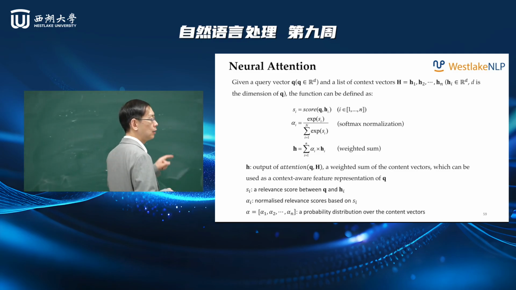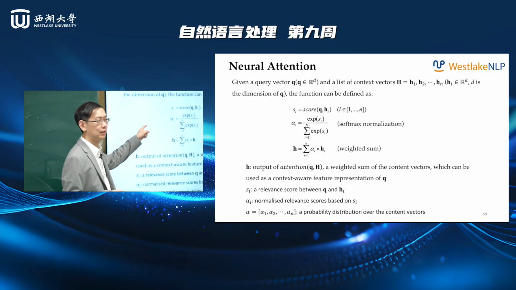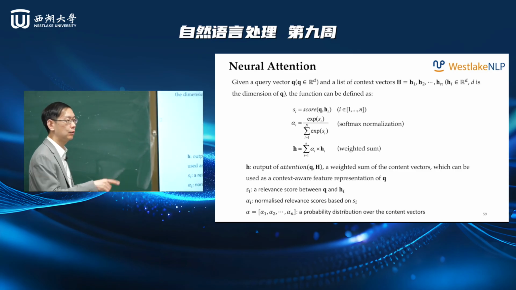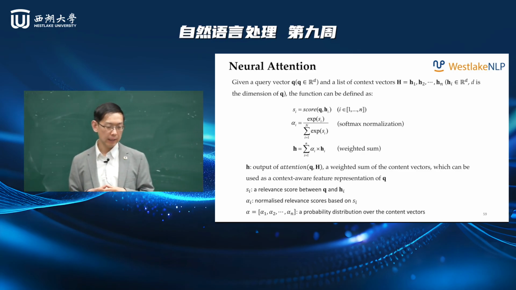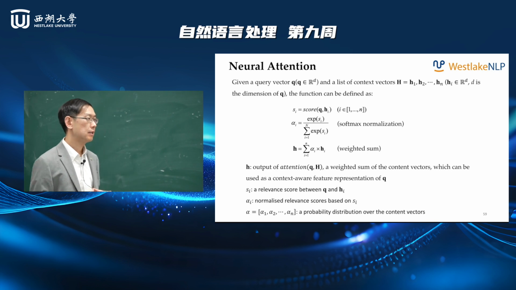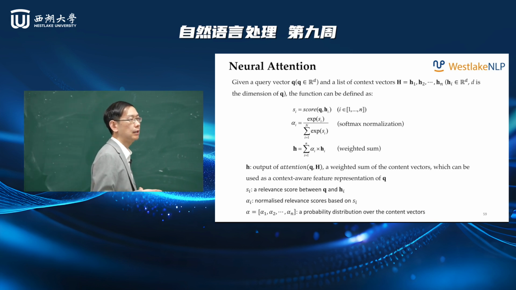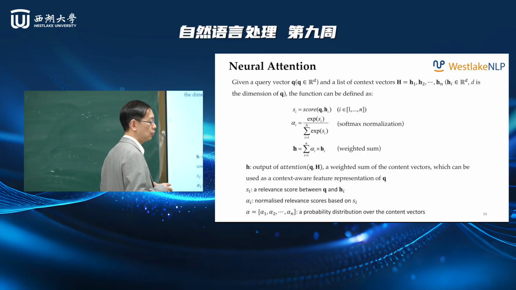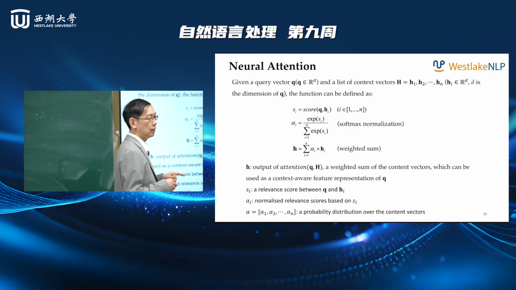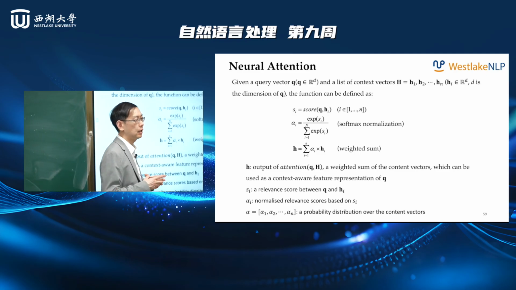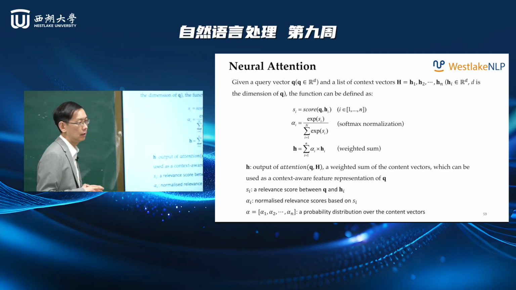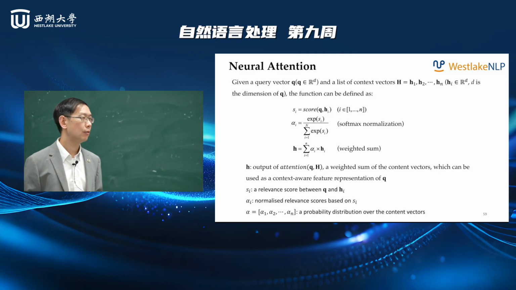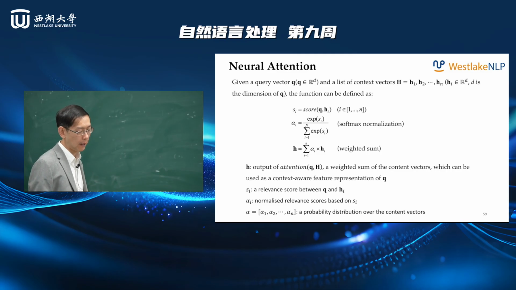When you apply Q to h_i, you use a scoring function: score(Q, h_i) equals s_i, which is the weight on h_i. As I said, alpha_i needs to be a distribution, a set of values from 0 to 1 that add to 1. A softmax function will do this. So you take all the scores s_i and put them through a softmax function, and you get alpha_i.